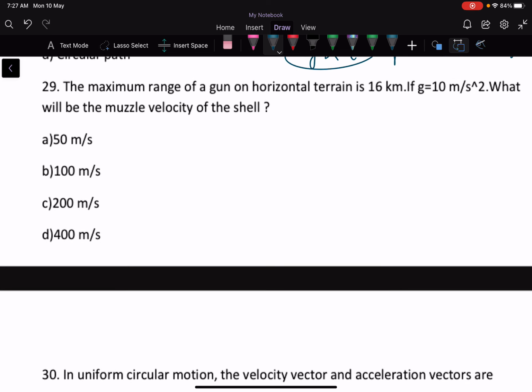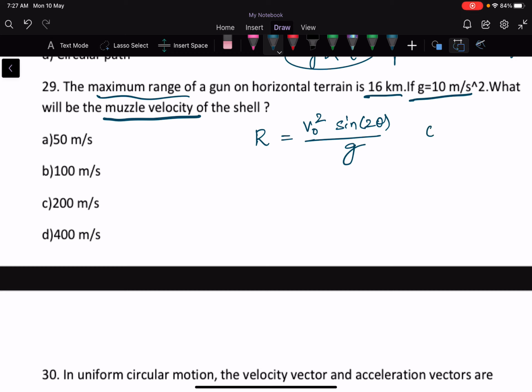Question number 29. The maximum range of a gun on horizontal terrain is 16 kilometers. If g equal to 10 meter per second square, what will be the muzzle velocity? Horizontal range is equal to v0 square sine 2 theta divided by g. The range will become maximum if theta equal to 45 degrees.